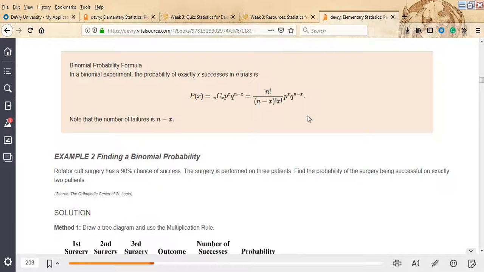And remember what a factorial is. A factorial is the number, in this case, that the variable represents, times every whole number all the way down to 1. So the factorial of 5 is 5 times 4 times 3 times 2 times 1. Factorial of 7 is 7 times 6 times 5 times 4 times 3 times 2 times 1.